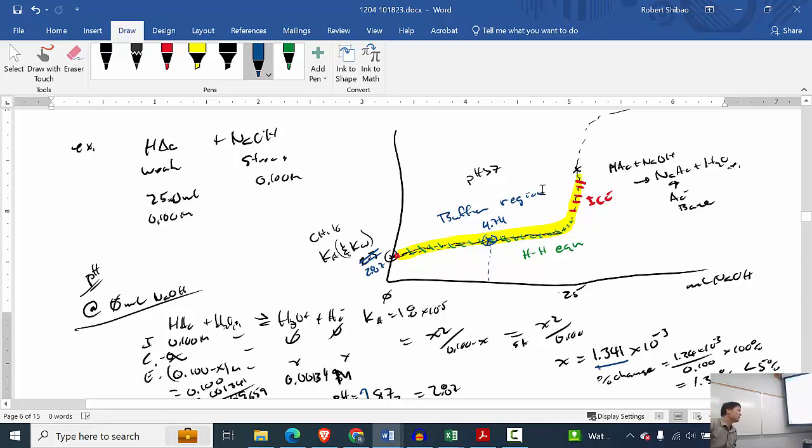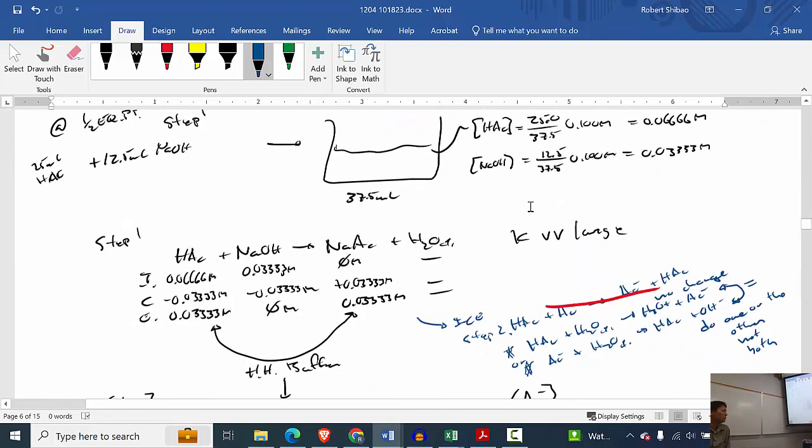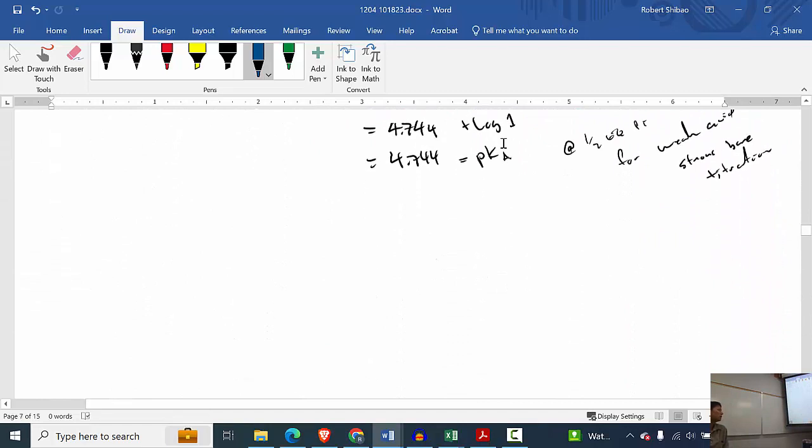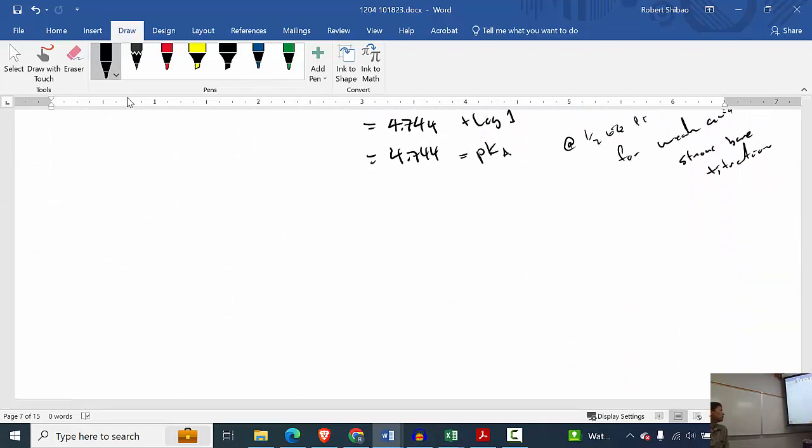And so what that means is that there's a way to shortcut these calculations. So, buffer region shortcut. For the buffer region shortcut, we can go from equivalence points, X equivalence points, to pH easily.